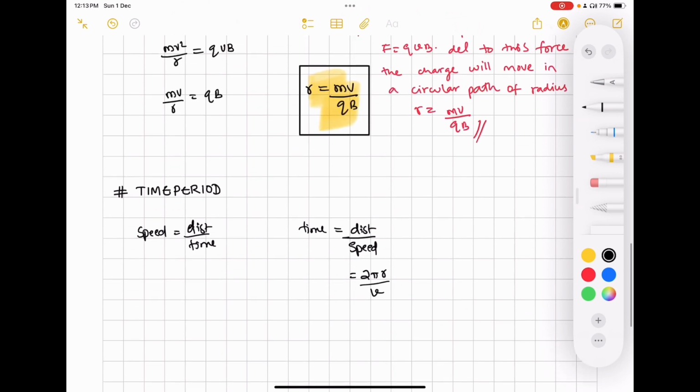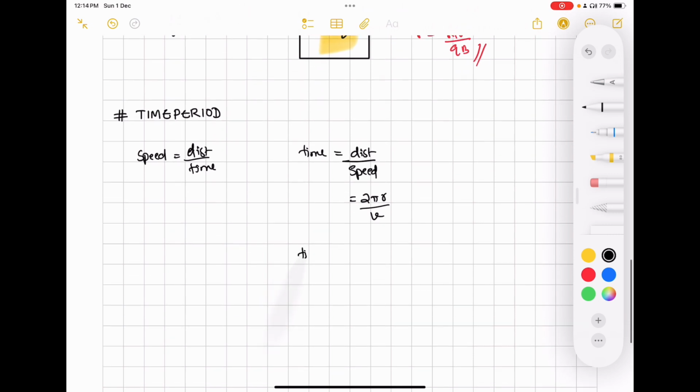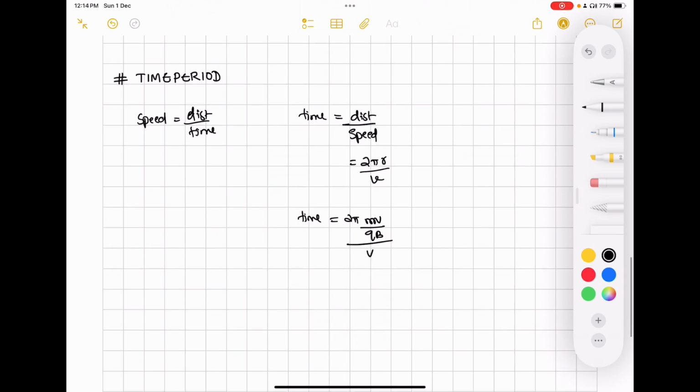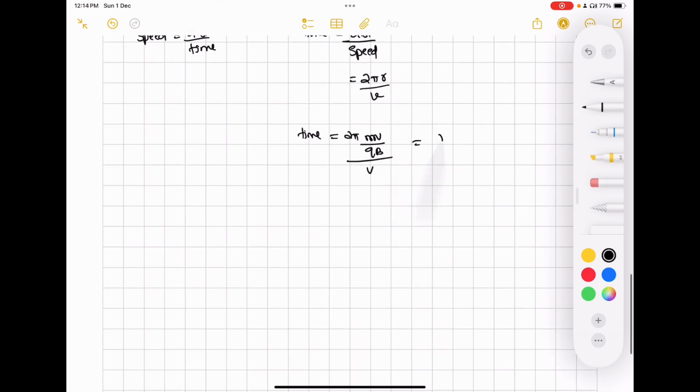With r as mv divided by qb, time is equal to 2 pi mv divided by qb, divided by v, which is 2 pi m divided by qb. So the time period of revolution is T is equal to 2 pi m divided by qb.